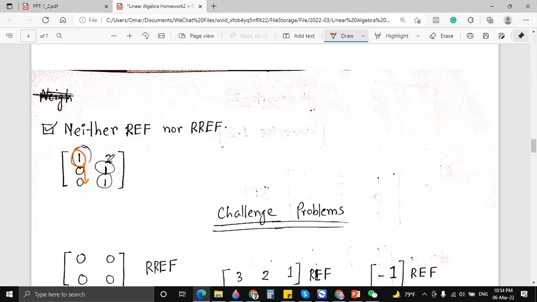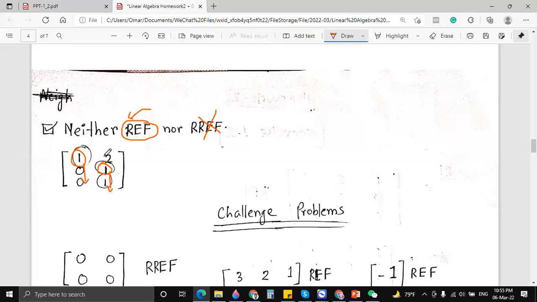This is our second pivot point, 1. But below this second pivot point, there is not 0, right? So this is not REF, okay? If it is not REF, we can say that it is also not RREF, because to become RREF, this needs to be REF first.